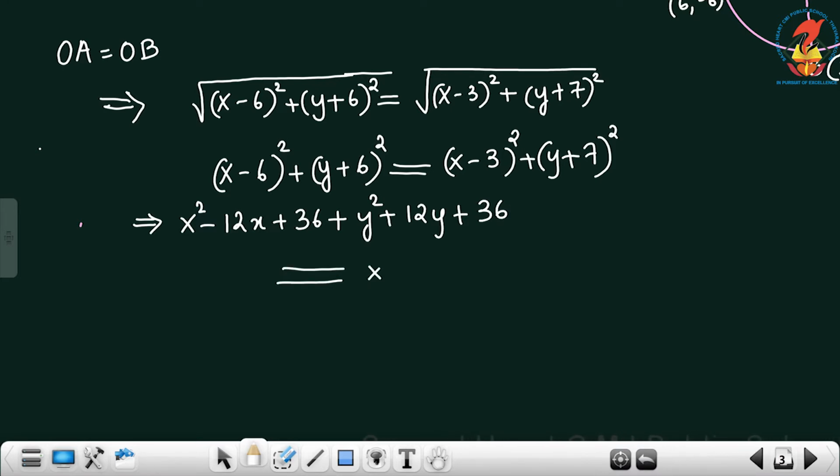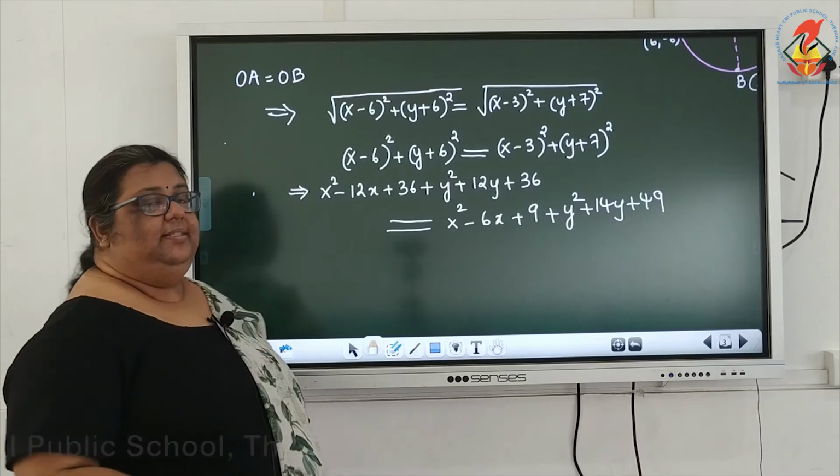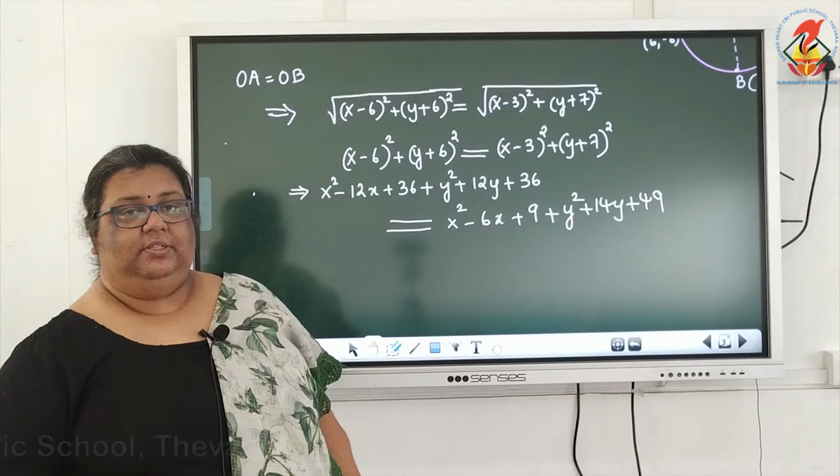What is the other side? x square minus 6x plus 9 plus y square plus 14y plus 49.